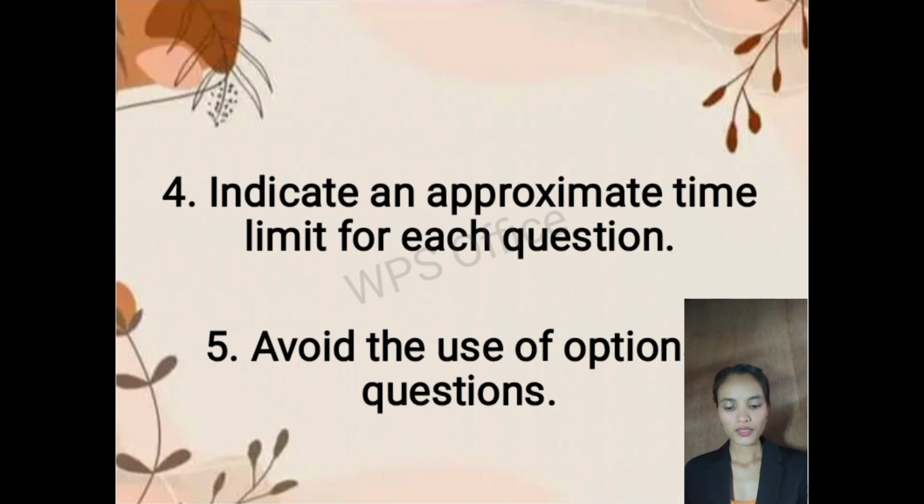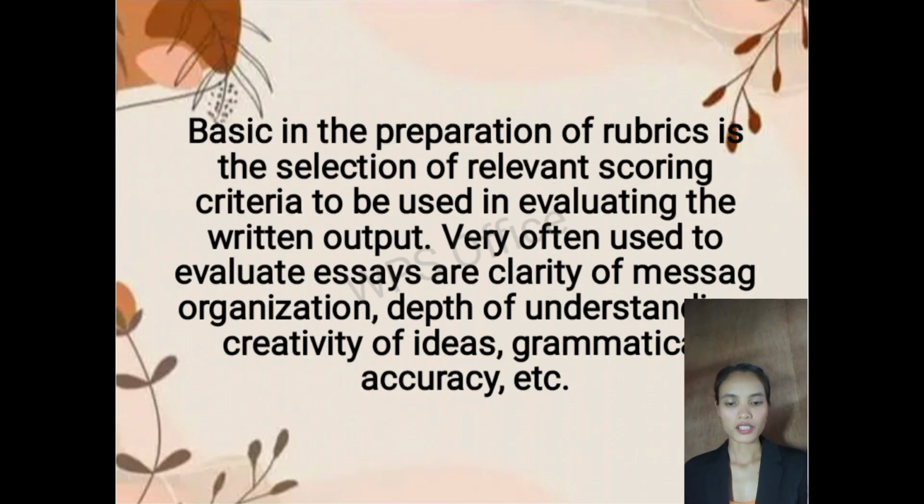So the key learning point is that AC type tests are useful for assessing complex understanding or higher levels of thinking. The basics of preparing a rubric involve the selection of relevant scoring criteria to be used in evaluating and rating output.